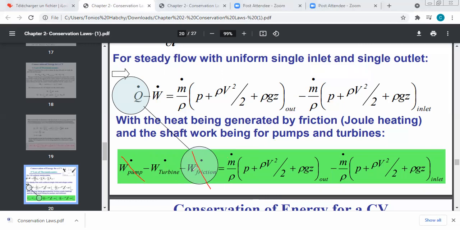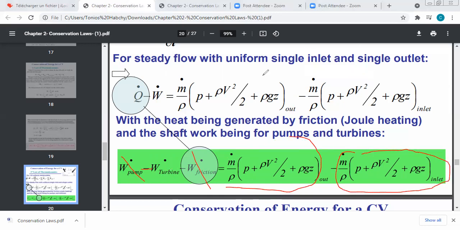The flux that is coming out will lose energy relative to the flux that is coming in. So in this case also this is physical. It should be minus W dot turbine, because the turbine will tend to take energy from my system. Therefore, the energy out minus energy in balance will be negative.